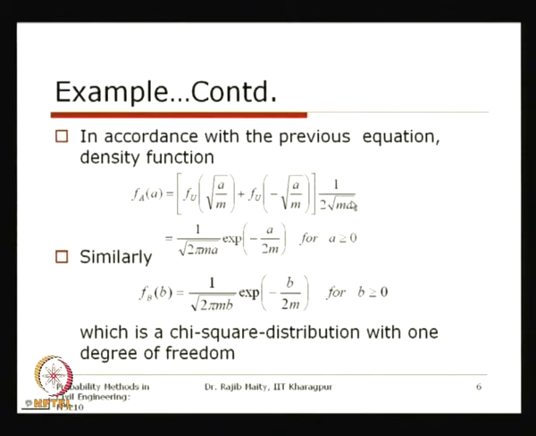After some algebraic rearrangement, we get 1 by square root of 2 pi m a times exponential of minus a by twice m, for a greater than or equal to 0.